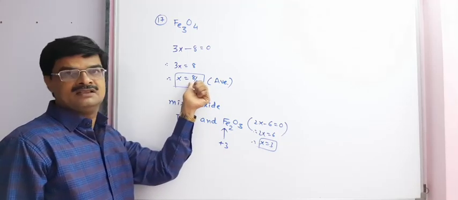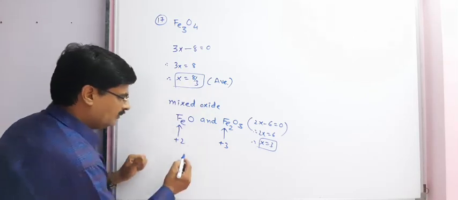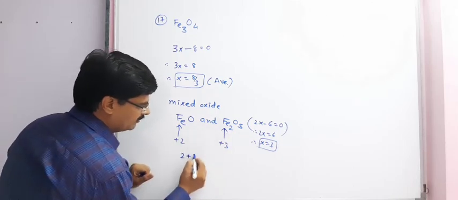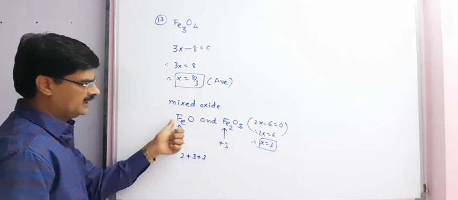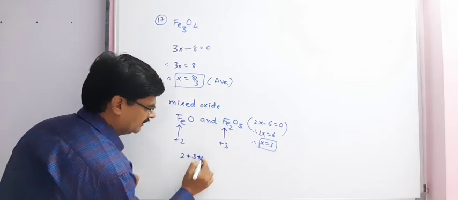This is the average. We can find the average in this case also. In FeO, for the single Fe we have 2, and in Fe2O3, for each Fe we have 3 and 3.